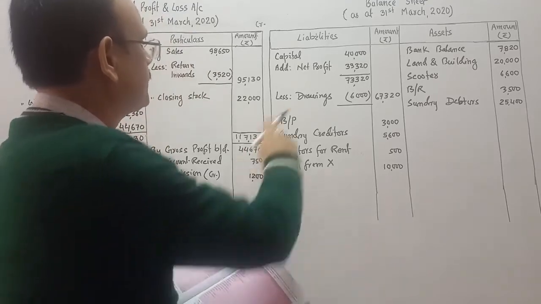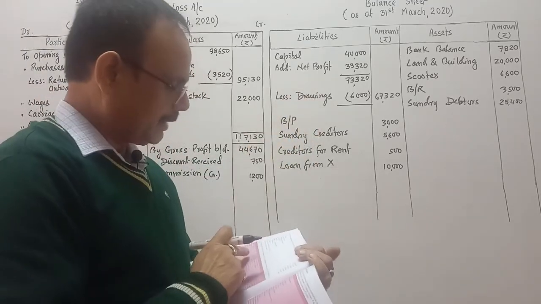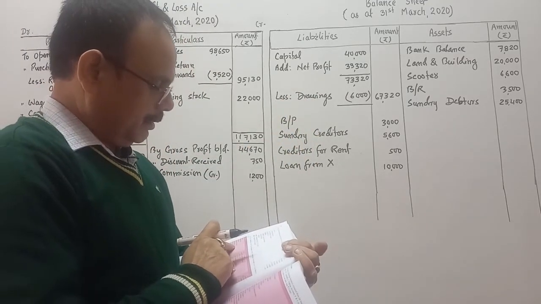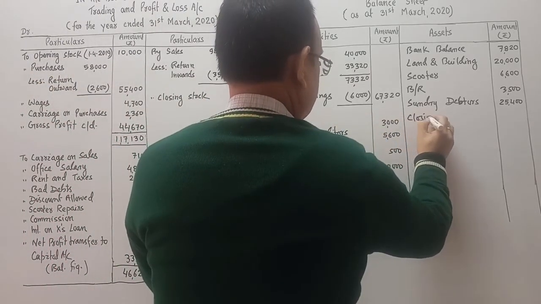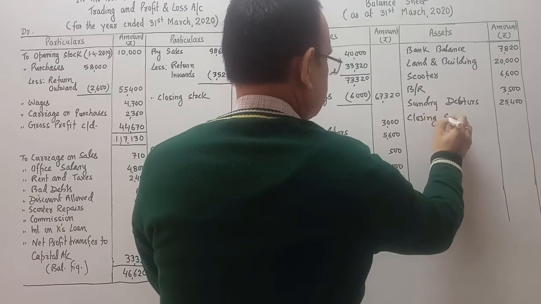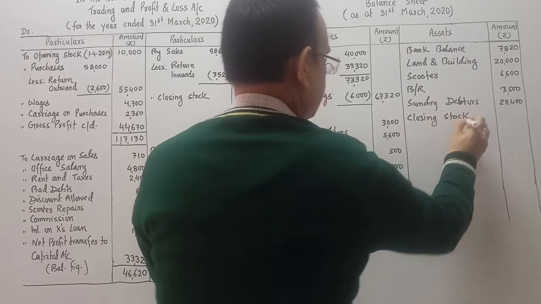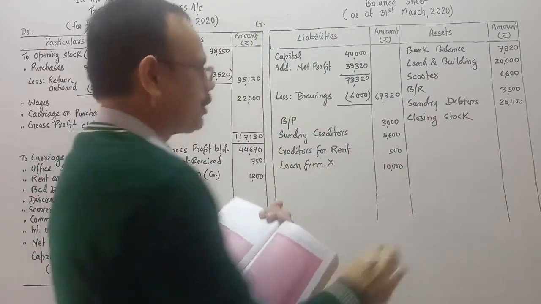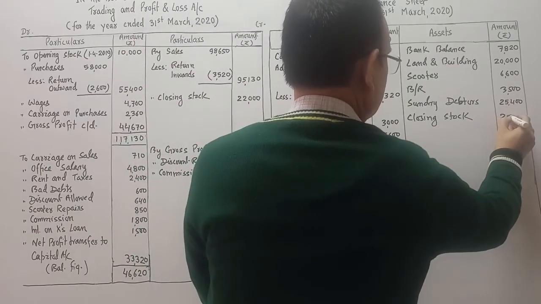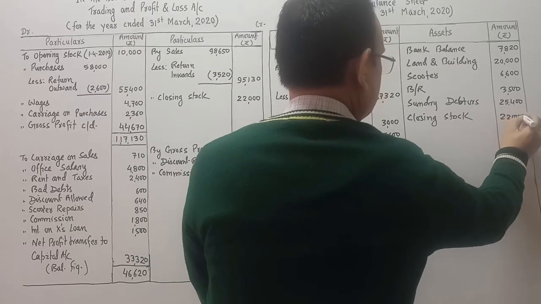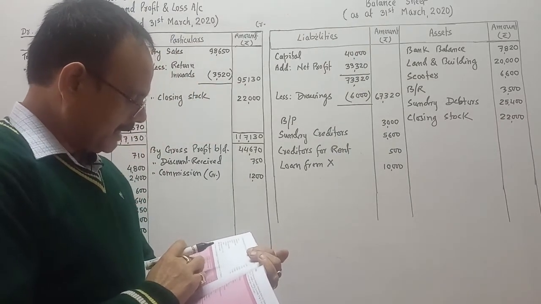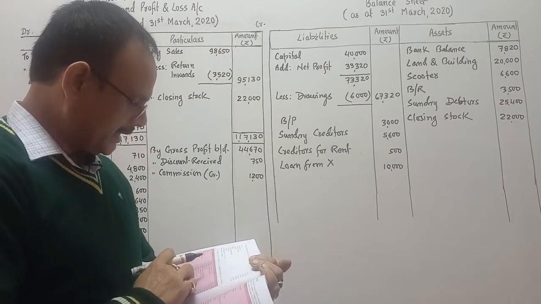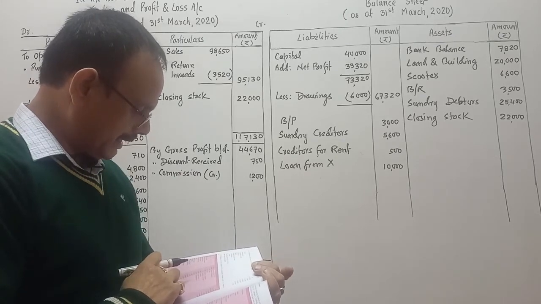Drawing is already deducted from the capital. Closing stock, which is given after the trial balance, is an adjustment. This will be reflected at two places. Closing stock is 22,000. Is there any other information related to assets on the debit side which we have not written?